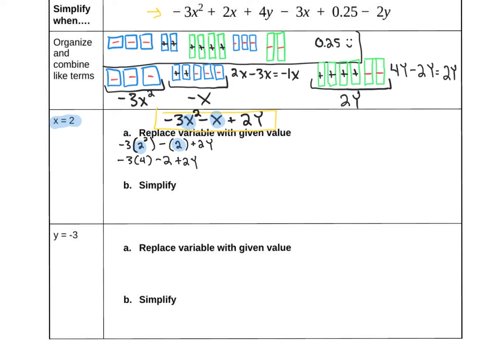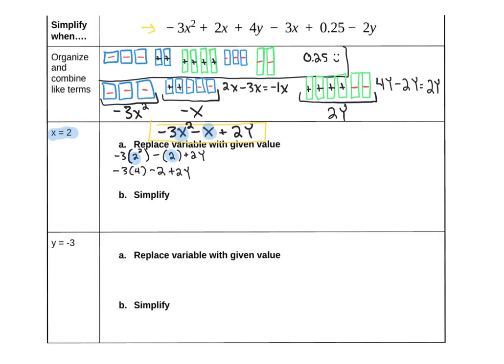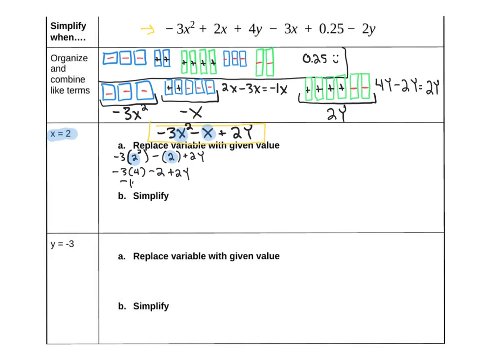And then 2 squared is actually 4, because 2 times 2 is 4. So I now have negative 3 times 4 minus 2 plus 2y. And I can keep simplifying that and say that negative 3 times 4 is negative 12 minus 2 plus 2y.